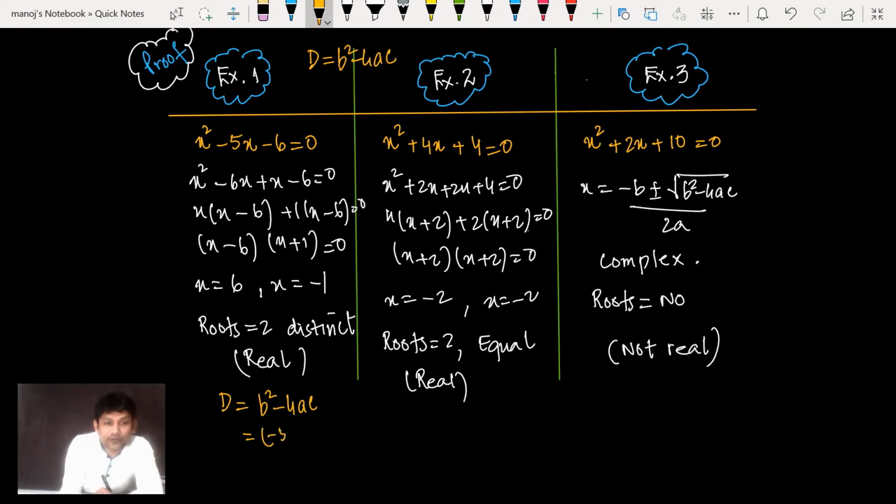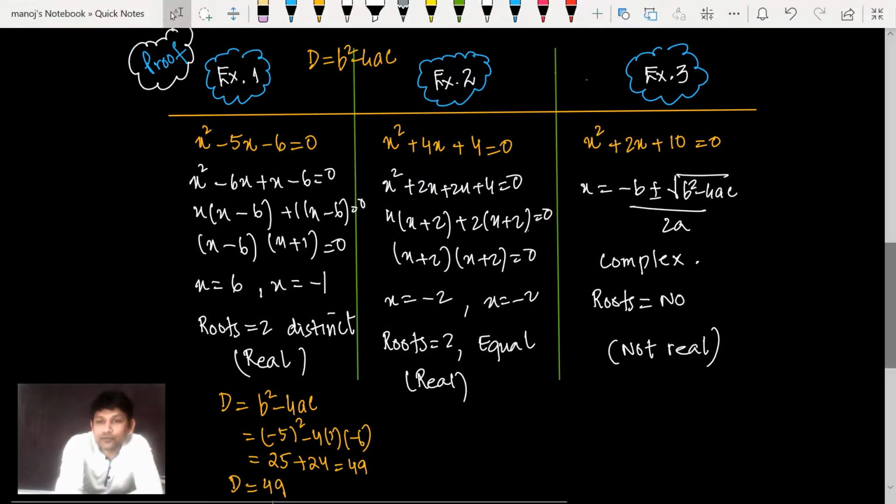So minus 5 squared minus 4, a is 1, c is minus 6. The result is coming 25, and minus minus plus 6, 4 is 24. It's coming 49. So what we can write, D equals 49. Okay, I want to move a little down.